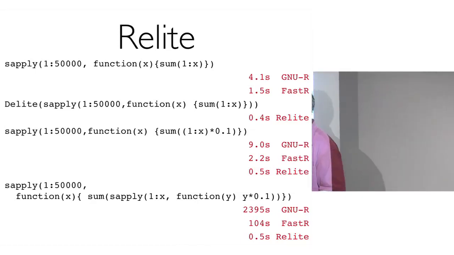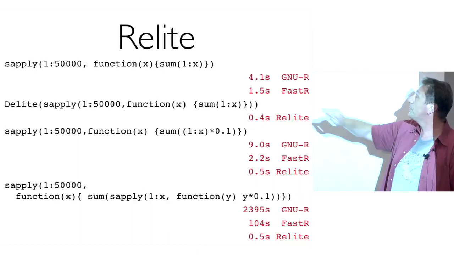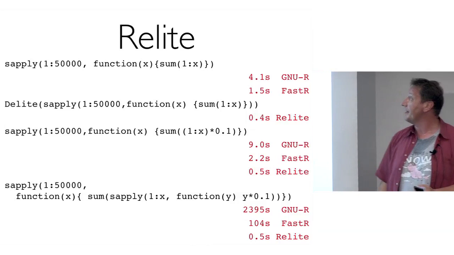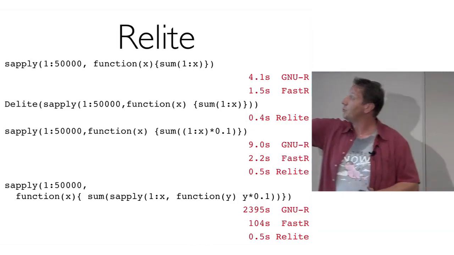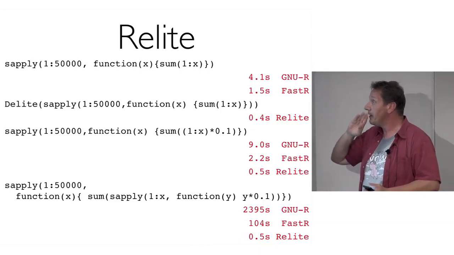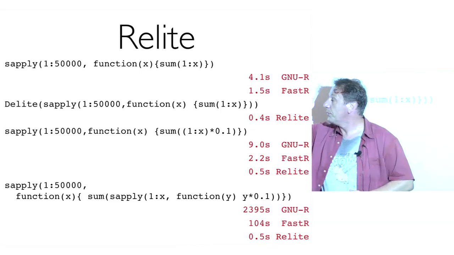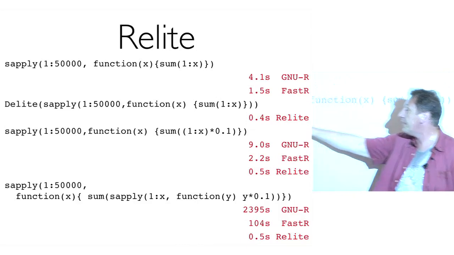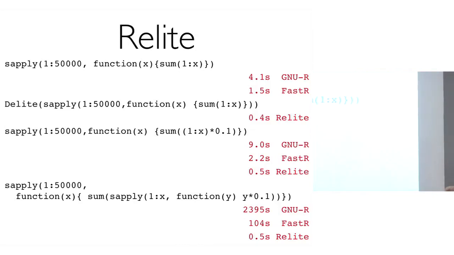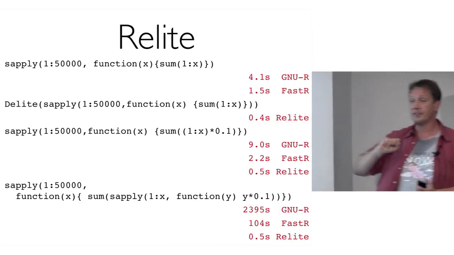So this is an sapply that goes over 50,000 elements, applying the function that sums from 1 to 10. In GNU-R, it takes 4 seconds. In FastR, it takes 1.5 seconds. Both of these are pretty bad. So here's the Delight version. What the Delight guys do is they have a call to Delight, which takes this lazy expression, parses it, creates the equivalent Delight program, and then runs in 0.4 seconds.